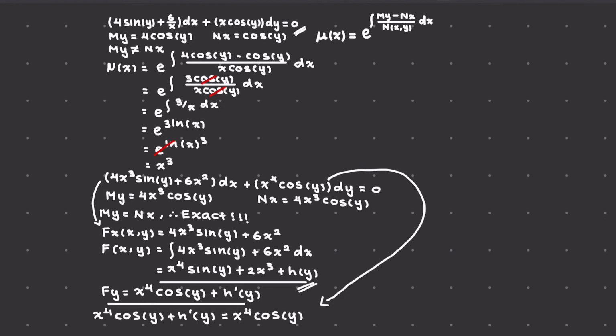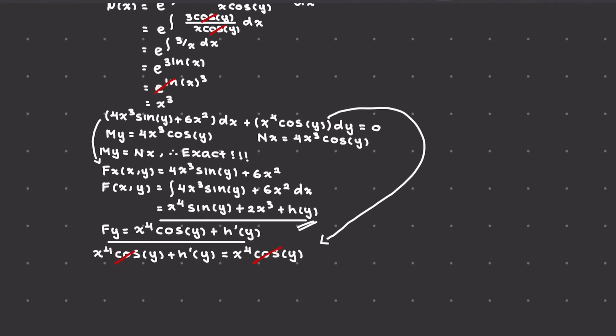We can cross out the x to the fourth cosine y, and h prime of y will just become 0. If we integrate it to solve for h of y, the integration of 0 dy is simply 0 plus c.